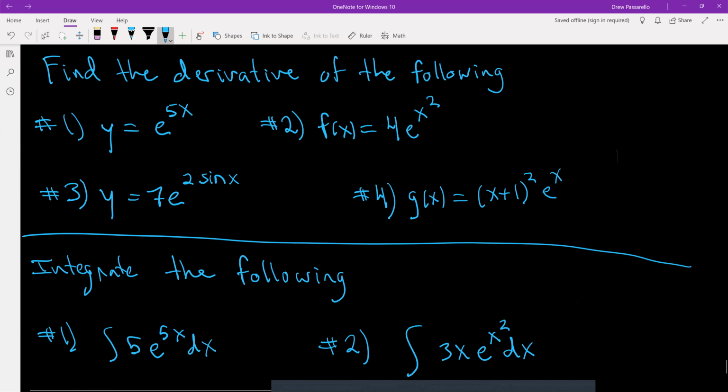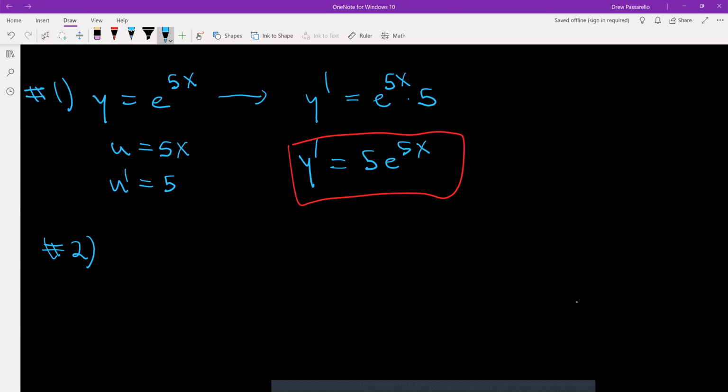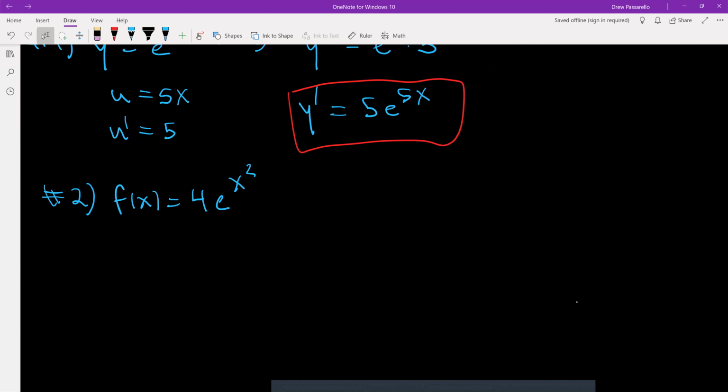Number 2 is f of x equals 4 times e to the x squared. So I'm going to focus on taking the derivative of e to the x squared, because you factor out the constant. So f prime of x is going to equal 4 times d dx of e to the x squared. And my u in this case is x squared.